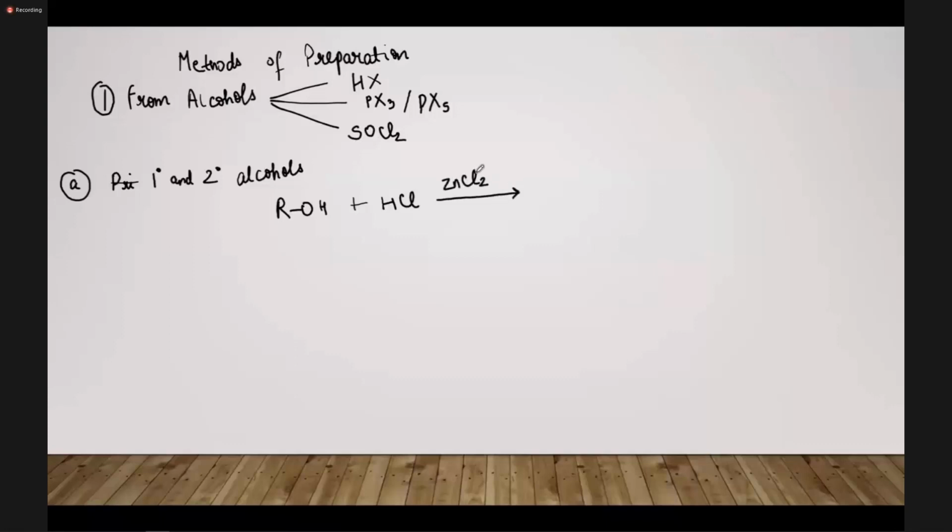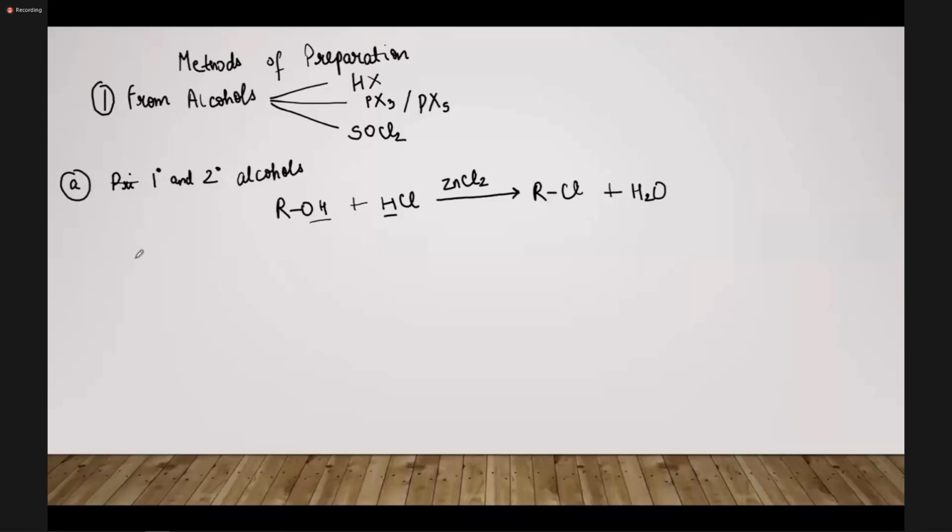The presence of ZnCl2 is a must for the reaction to happen. This is a simple substitution, R and Cl will form, and this H and this OH group come together and give water. This ZnCl2 thing has to be remembered here, specially for the 1 and 2 degree alcohols.